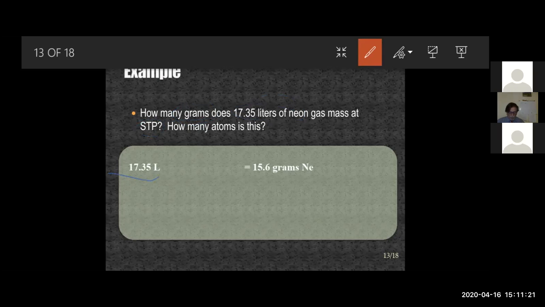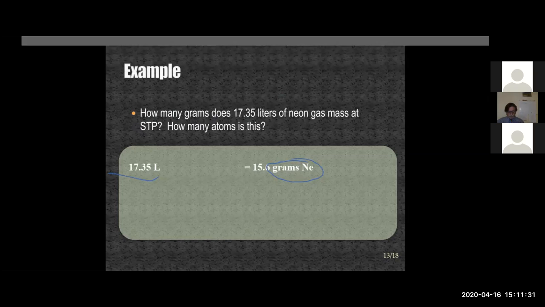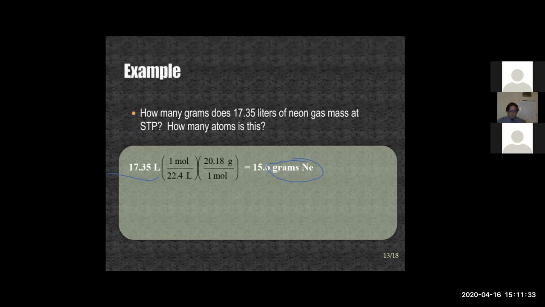And I write down unit-wise what I am looking for, so I keep track of where I'm going. I went ahead and gave you the answer there. All right. So I set up my factors.